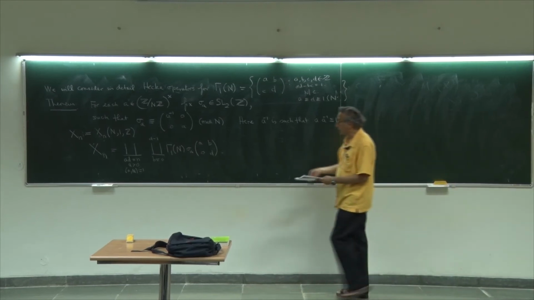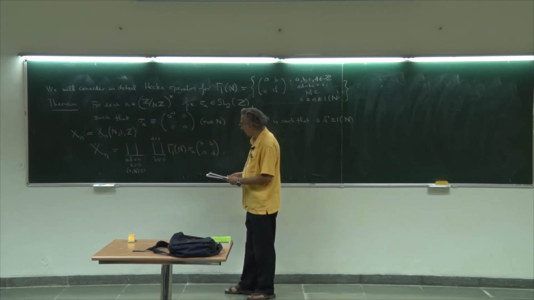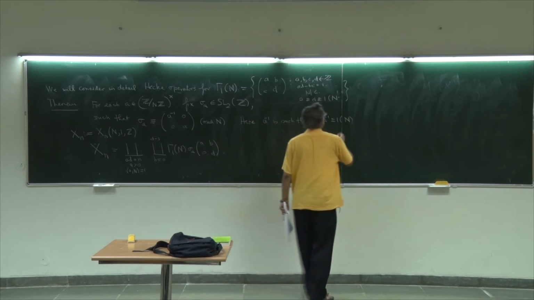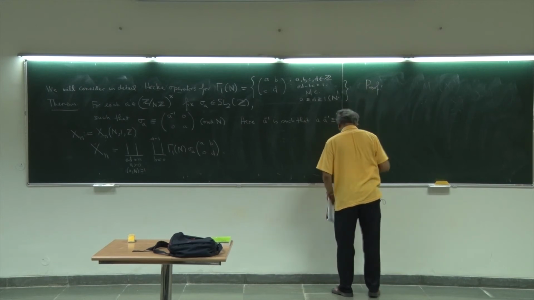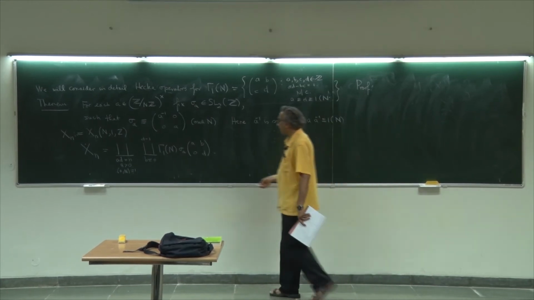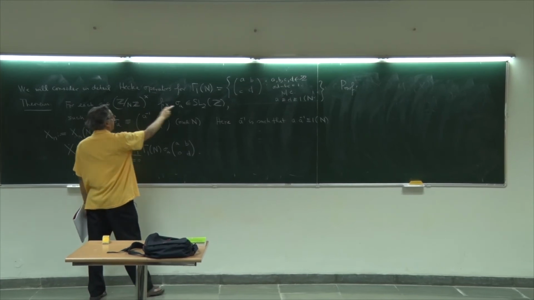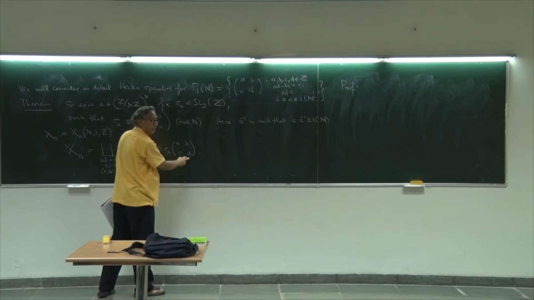So everything is a disjoint union, so I hope this is all clear. These are disjoint unions. The first sum is over divisors of n, which are positive and co-prime to capital N. So let's prove this. Clearly, sigma A is an element in SL2Z, therefore it has determinant 1. This guy's got determinant n.